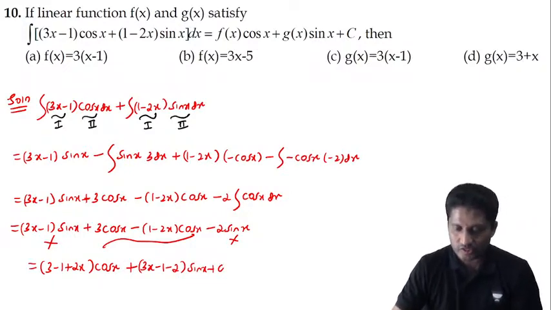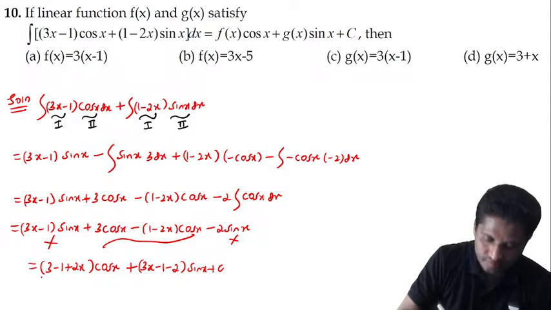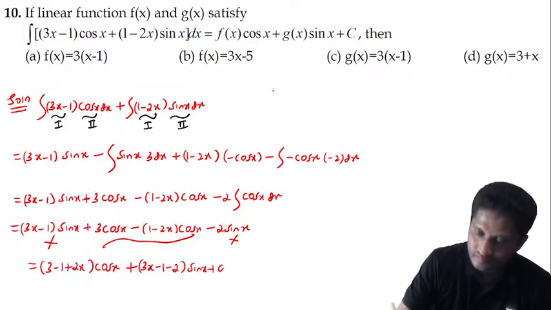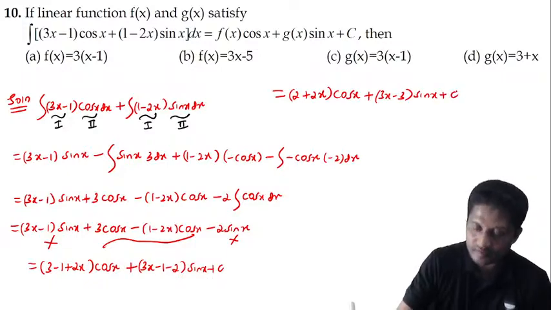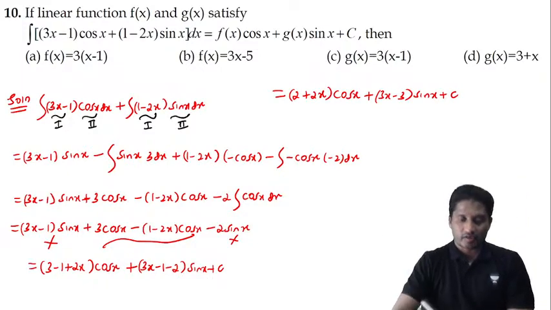He's asking what is g of x. Now I can write this as 2 plus 2x into cos x plus 3x minus 3 into sin x plus c. This is what we got.